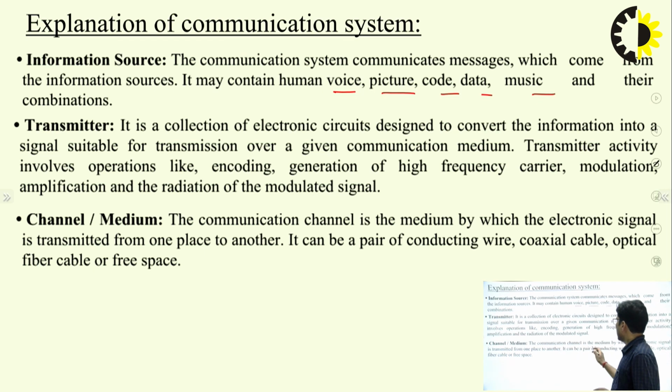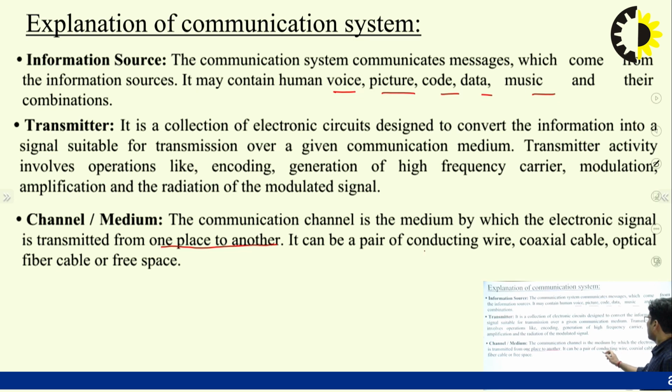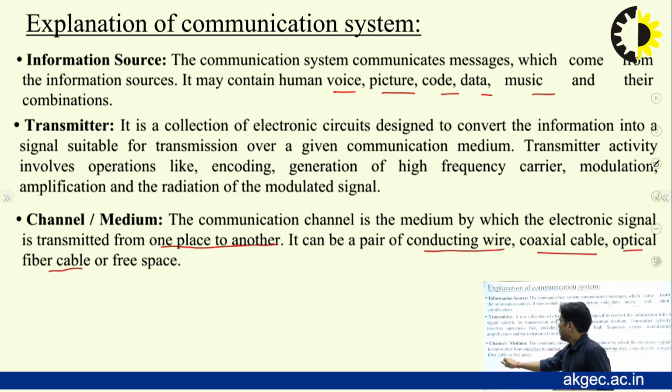Channel is the medium by which the electronic signal is transmitted from one place to another. For the wire transmission, it could be a conducting wire, coaxial cable, optical fiber cable, and for the wireless communication it would be free space. All of the things I have already discussed in the previous slide.